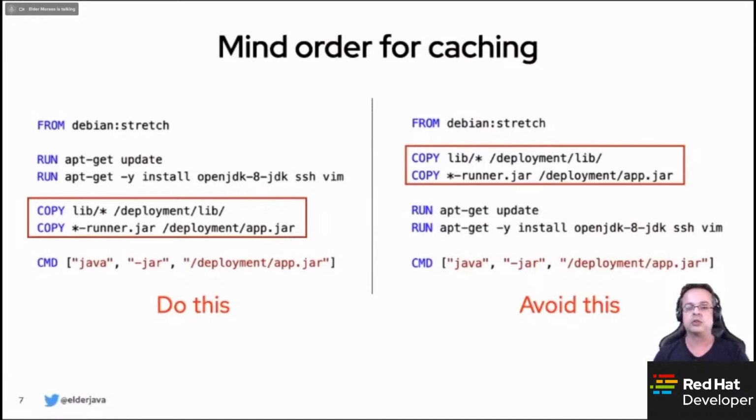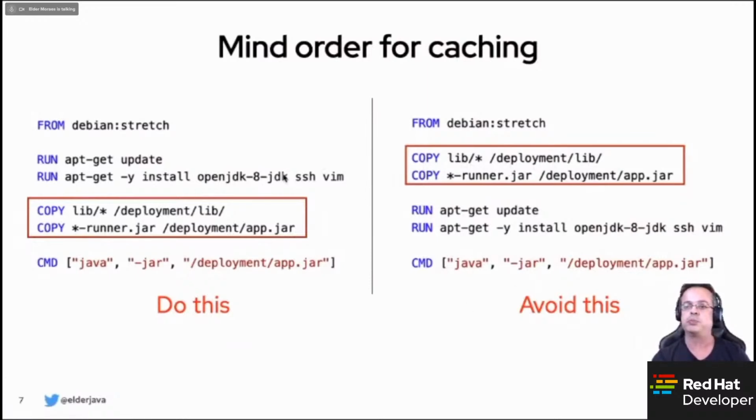Especially, the whole concept here is that whatever changes the most you put in the last steps, and whatever does not change so frequently you put at the top. So for example, if you put your application in the first lines of your Dockerfile, your application is what changes the most in your Docker image. So any time that you build this image, you will break the cache here, and once you break this cache, you will break the whole cache of your Dockerfile.